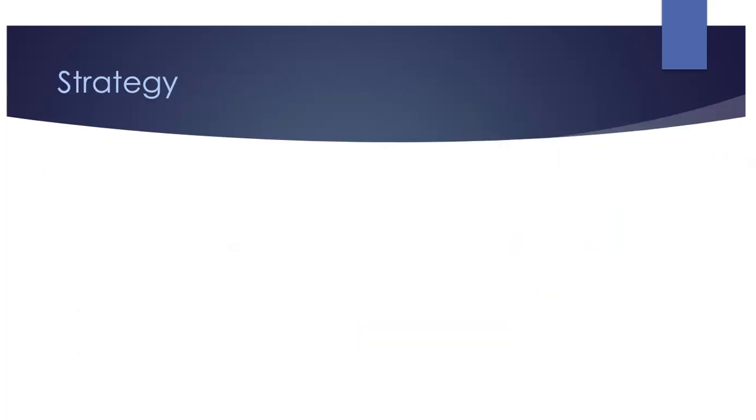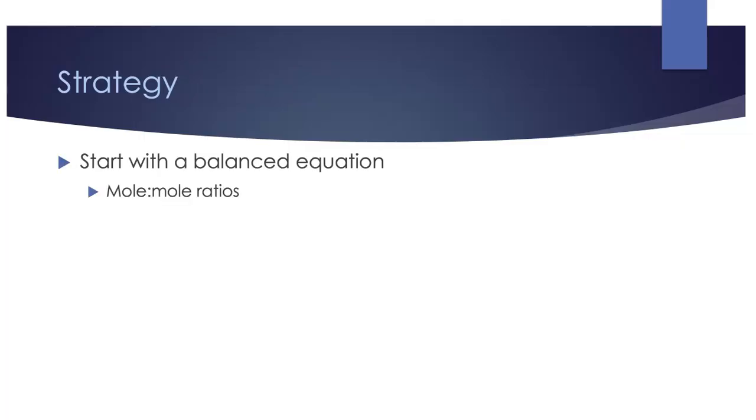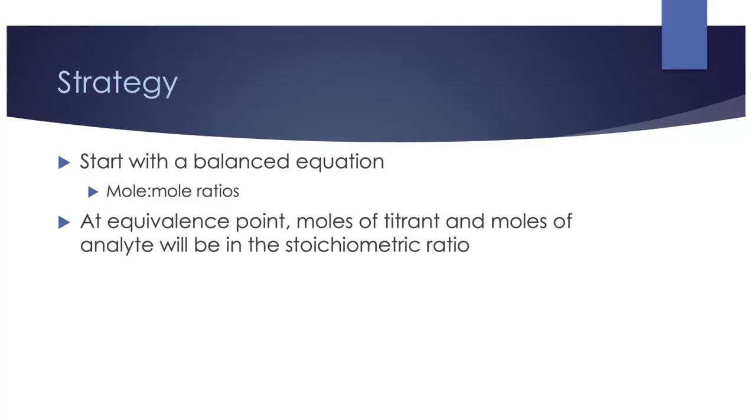Let's think about our strategy for solving these kinds of problems. They are, at their heart, stoichiometry problems, and that means you need to start with a balanced equation, because the balanced equation gives you the mole-to-mole ratios that you need to solve the problem. The other thing you want to remember is that at the equivalence point, the moles of the titrant and the moles of the analyte will be in whatever stoichiometric ratio is from that balanced equation.